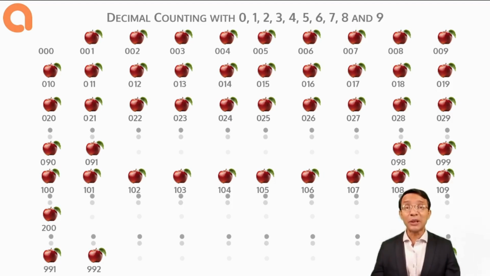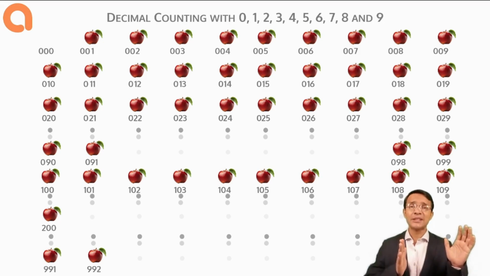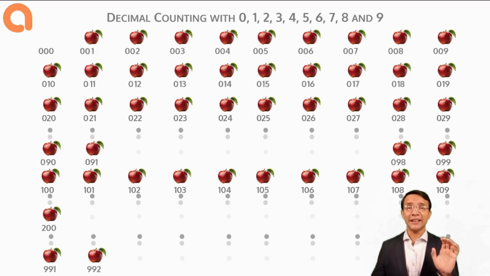What happens when we have the next apple? That is, how do we count the 1000th apple? We now move to the 4th digit and represent it by 1 followed by 3 zeros. In this way, we can represent up to an infinite number of apples with just 10 numerals, that is 0 to 9.